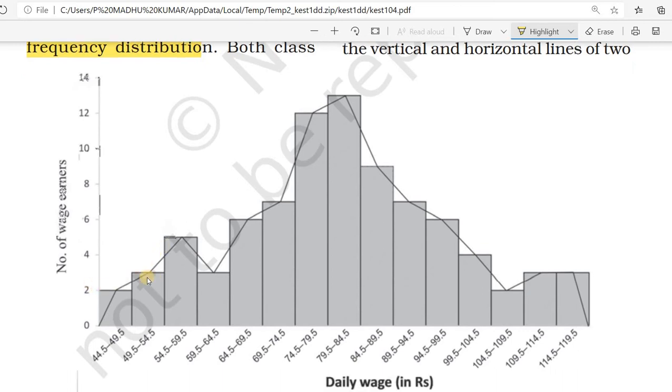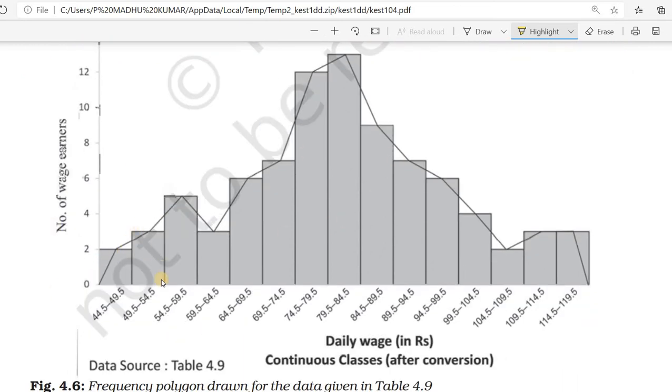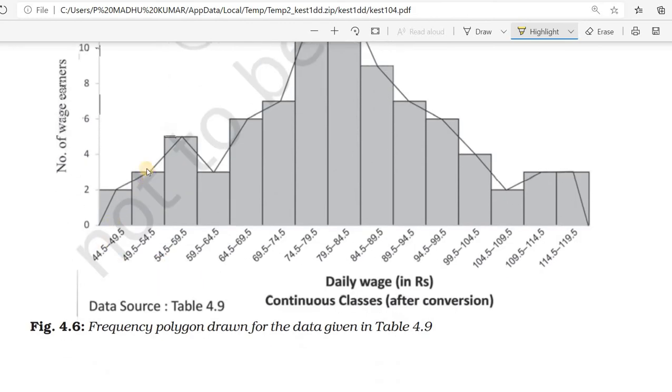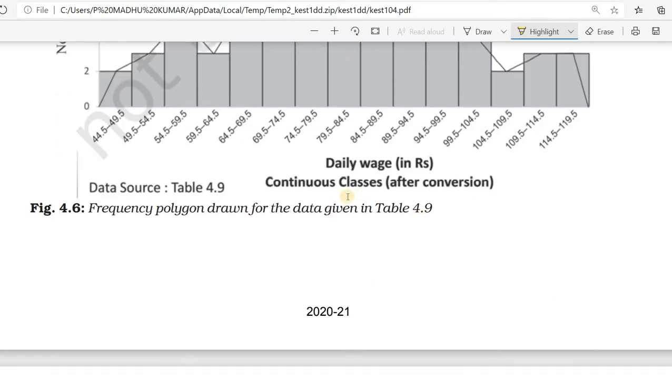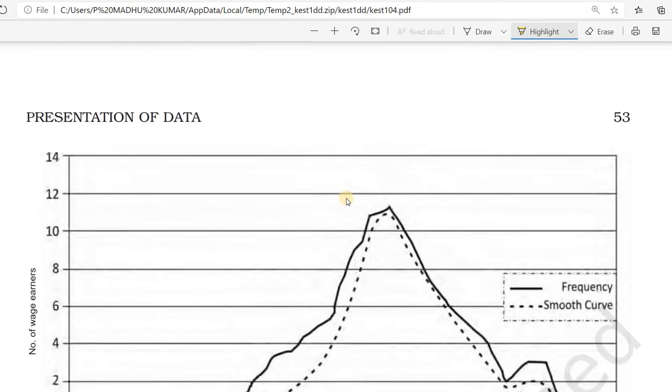That is the frequency polygon. For a frequency polygon, first we need to draw bar diagrams, that is the histogram. From that we need to find the midpoints, then join these midpoints, and we get the frequency polygon.